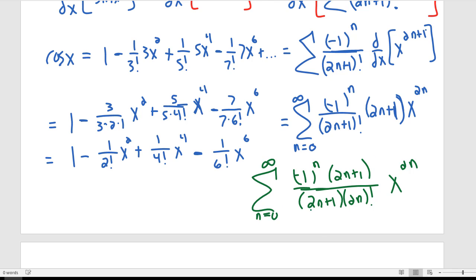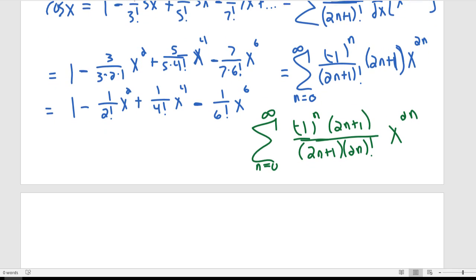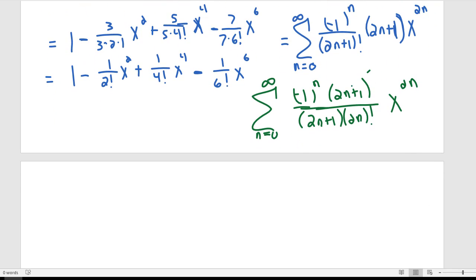And we can see the 2n plus 1s are going to cancel here. So I'm really just going to end up with negative 1 to the n over 2n factorial. That's what's going to survive, if you will. So I'm going to have negative 1 to the n over 2n factorial and x to the 2n.